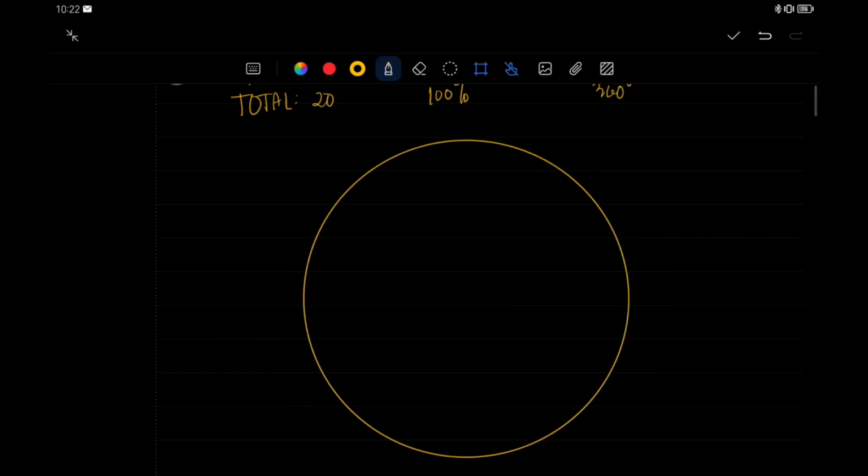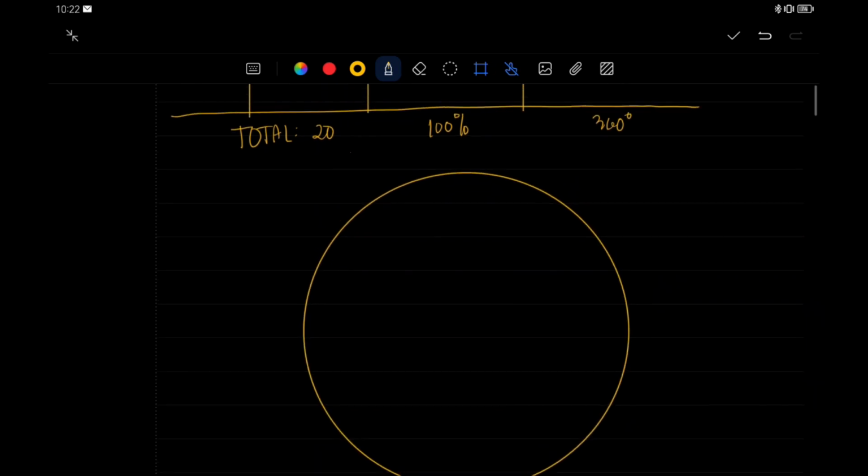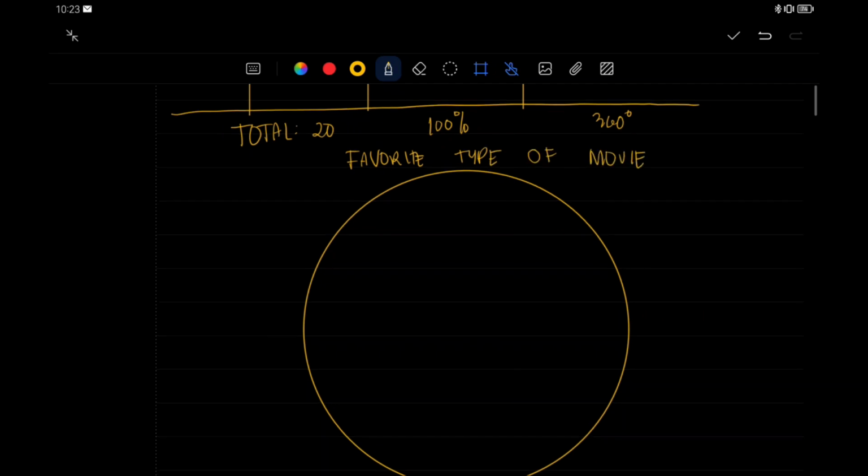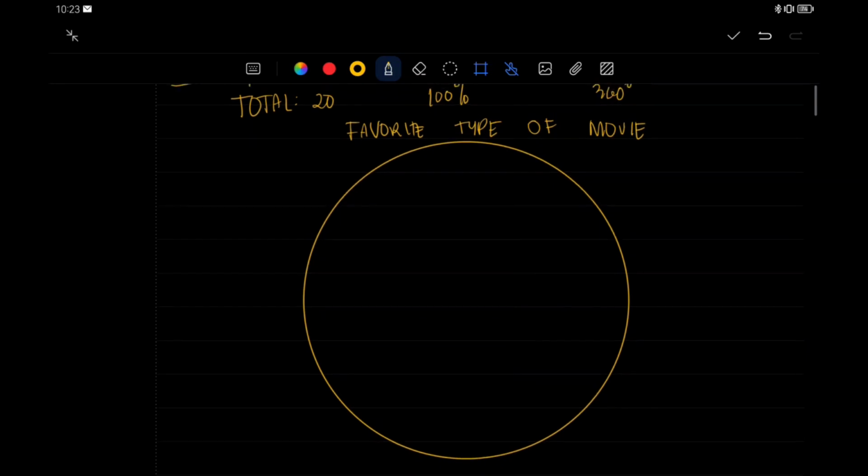Okay, for example, this is our pie. We need to create a title, which is favorite type of movie. So let's assume that this is the center.